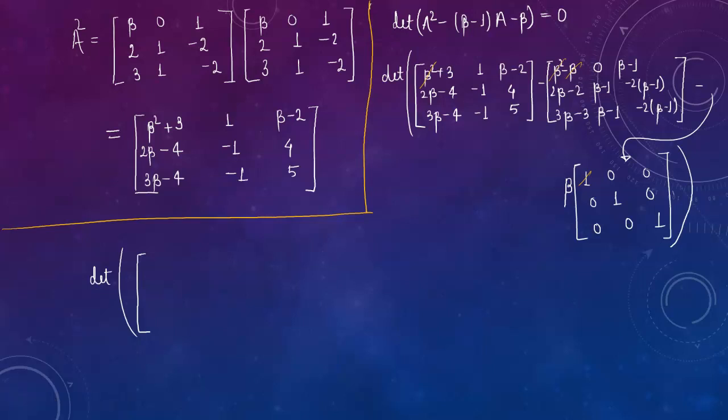I will be writing here beta square is cancelled, beta is cancelled. So there will be only 3. If we calculate this second column, first row will be 1 minus 0 minus beta, so 1 minus beta, and beta minus 2 minus beta plus 1 will give minus 1 and minus beta.